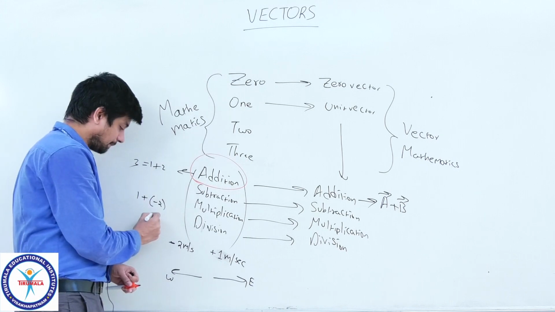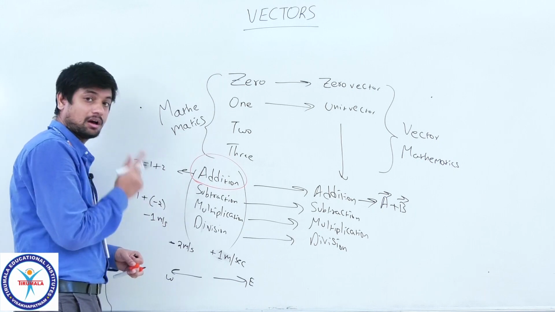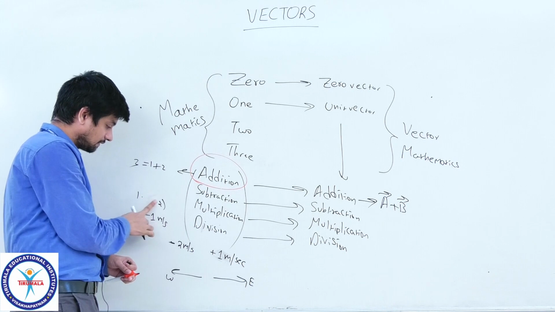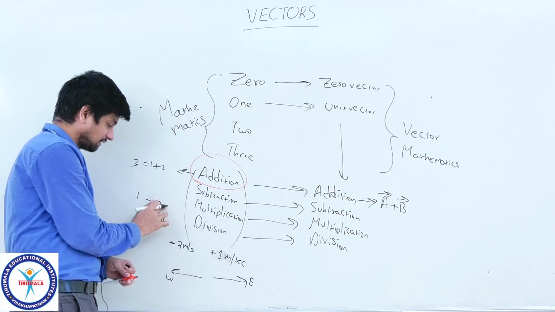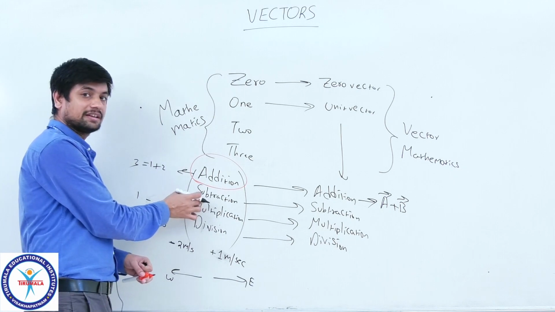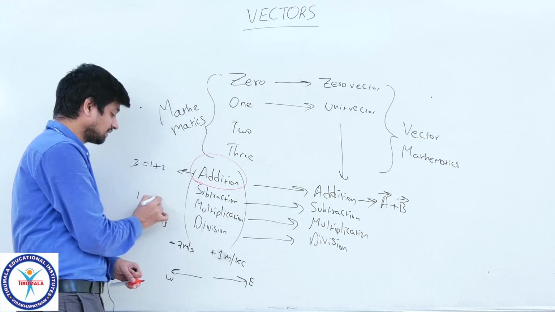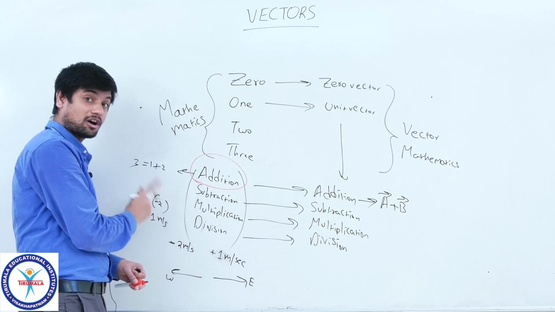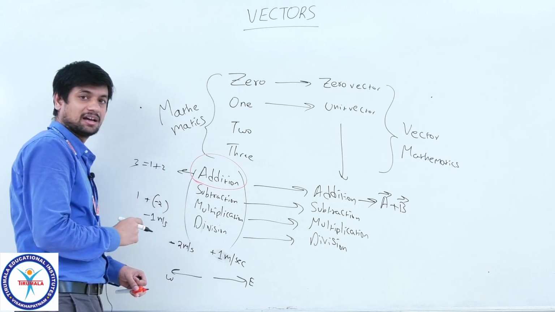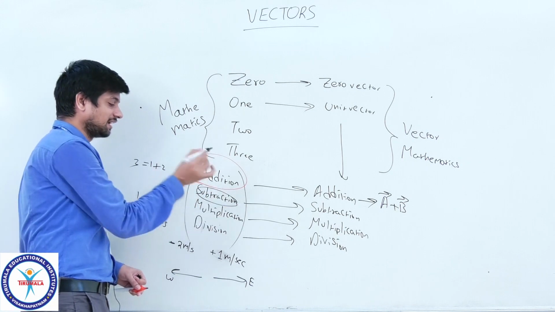What do you get, children? Minus 1 meter per second. Have you done addition or subtraction? Plus into minus becomes minus, so that you got. We call this operation subtraction, but what is being done is that the negative, opposite direction of one value is being added to the known value. So this is also nothing but addition.